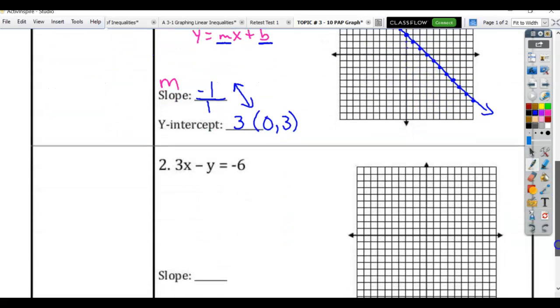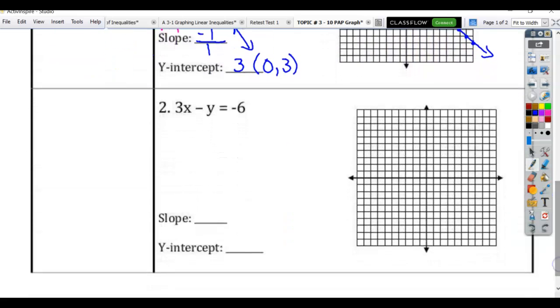All right, let's move on down here to number 2. This is in standard form. The x and the y are on the left side together. So our first step is to move x, so minus 3x. Now you're going to bring down the negative y because the 3x's go away. Got a negative y equals negative 3x minus 6.